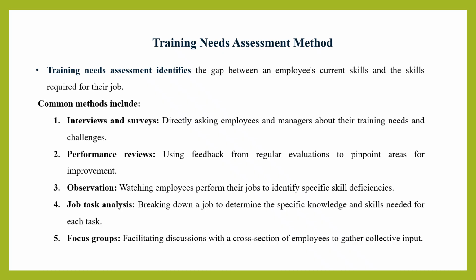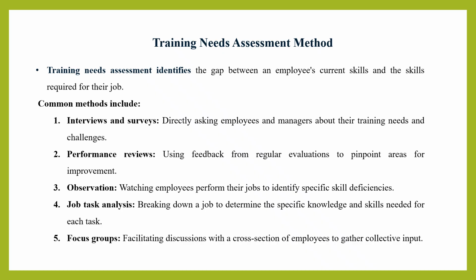Second one is performance review. Here employee performance is analyzed to identify his or her weak areas. Third one is observation, where manager watch employee while they are performing their particular job or task.